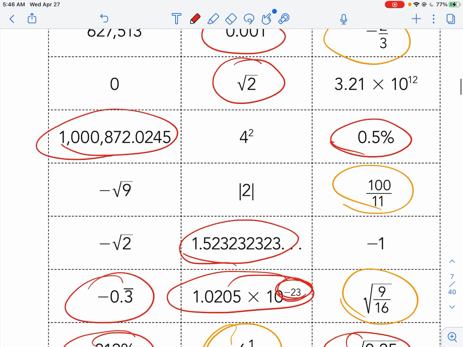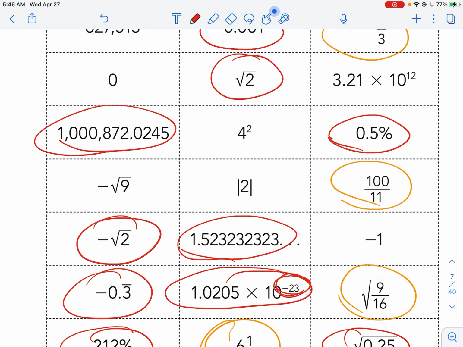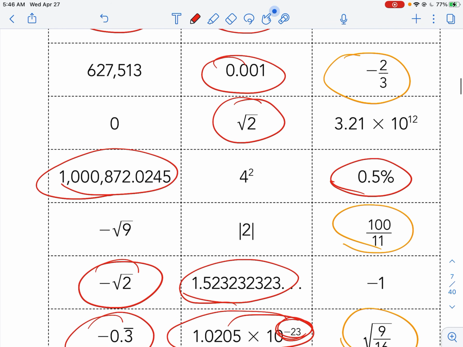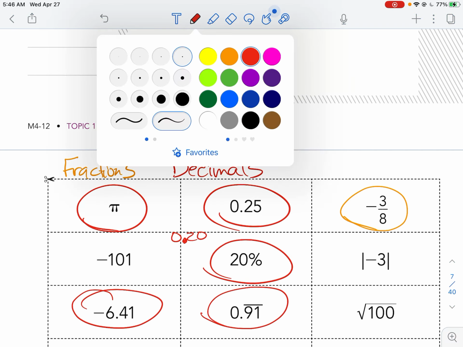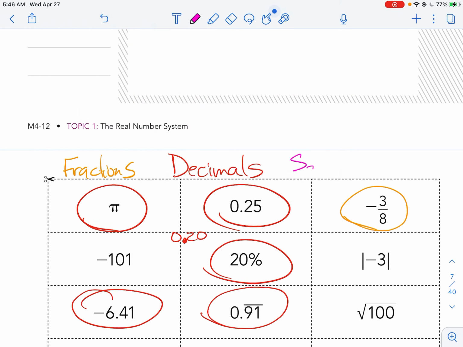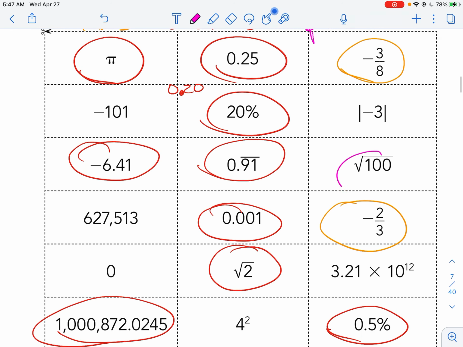Then, oops, I forgot this one. And then what was their other group? I think that they did square roots. I think they did square roots was the next one.